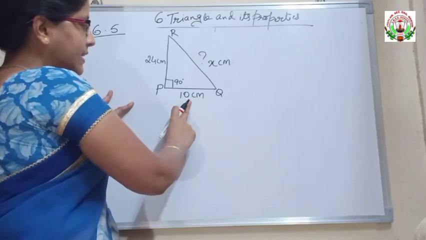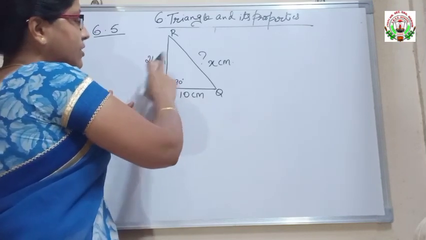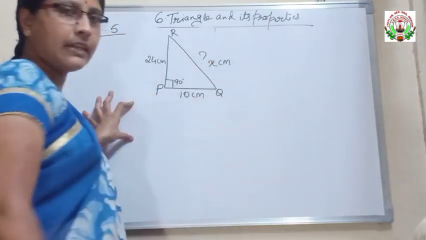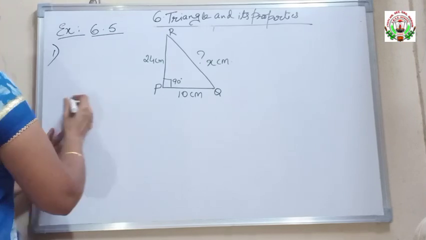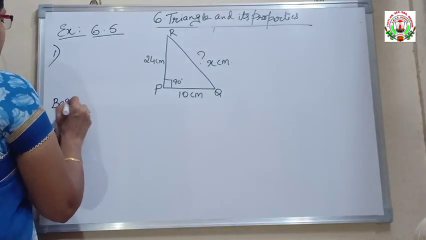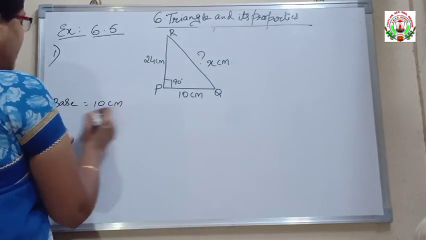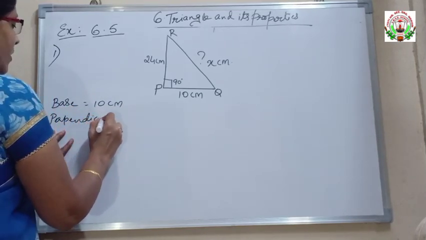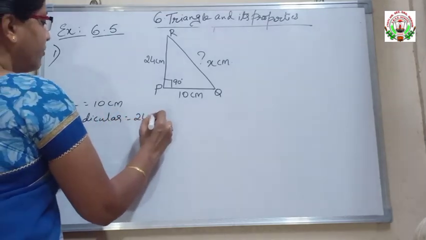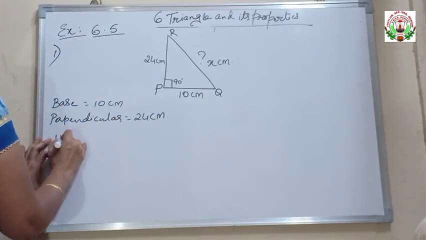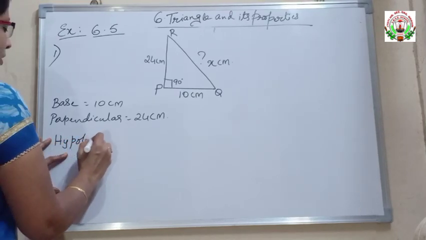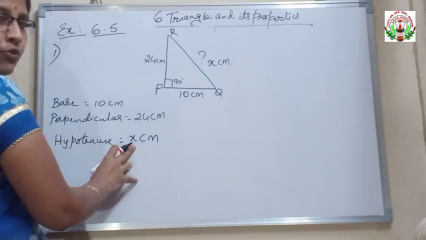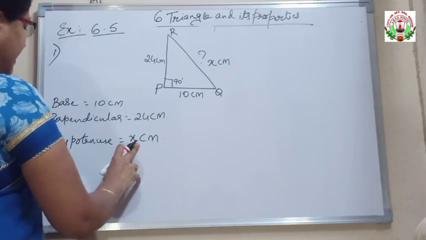So base is given as 10 centimeters, perpendicular is given as 24 centimeters, and hypotenuse we have to find out, so I have written it as x centimeters. Using our Pythagoras theorem, let us write: given base is equal to 10 centimeters, perpendicular is 24 centimeters, and hypotenuse we have to assume as x centimeters.